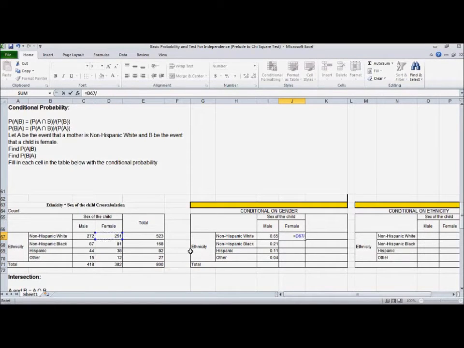251 divided by, now if you notice you're constantly dividing by your marginal total for male or female. In this case, we're going to keep dividing each category of ethnicity by our marginal total for female. So remember from last time, from part 1 of this lab, how do we do that? We can throw a $ sign in and we see that the cell is D71. So we can keep that constant by throwing in our $ sign, D71.